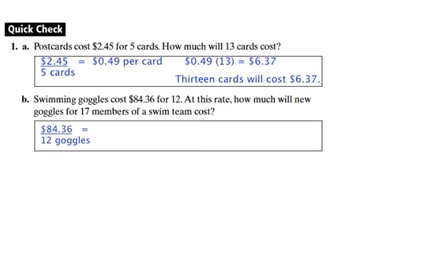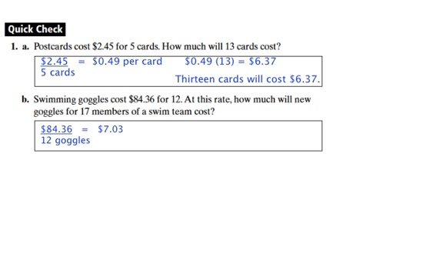Swimming goggles cost $84.36 for 12. At this rate, how much will new goggles for 17 members of a swim team cost? You can find their unit rate by taking $84.36 over 12 goggles. $84.36 divided by 12 is $7.03 per pair of goggles.